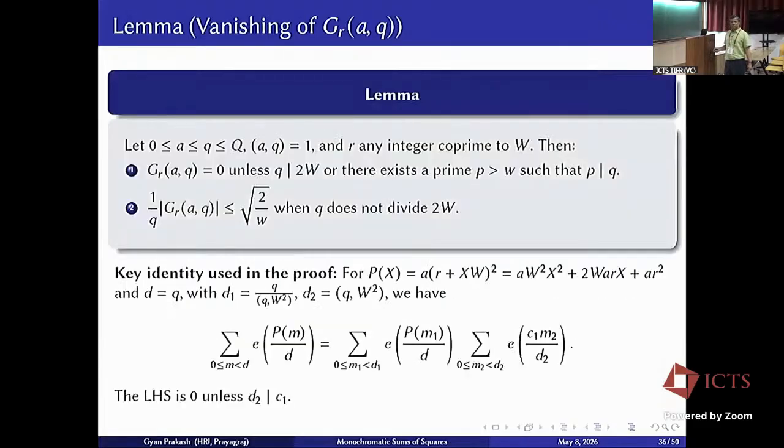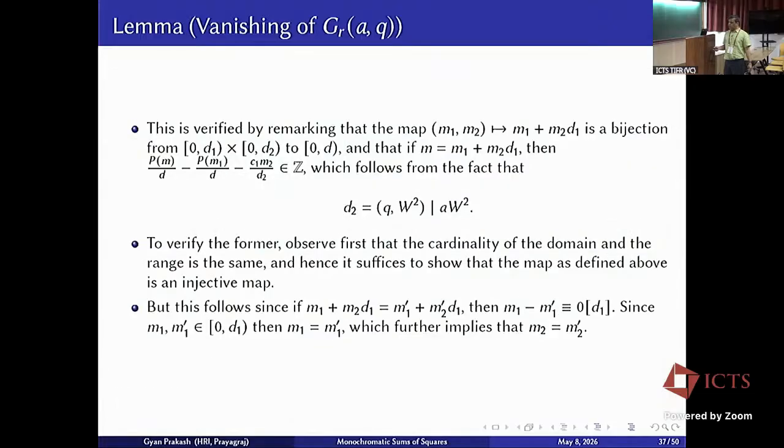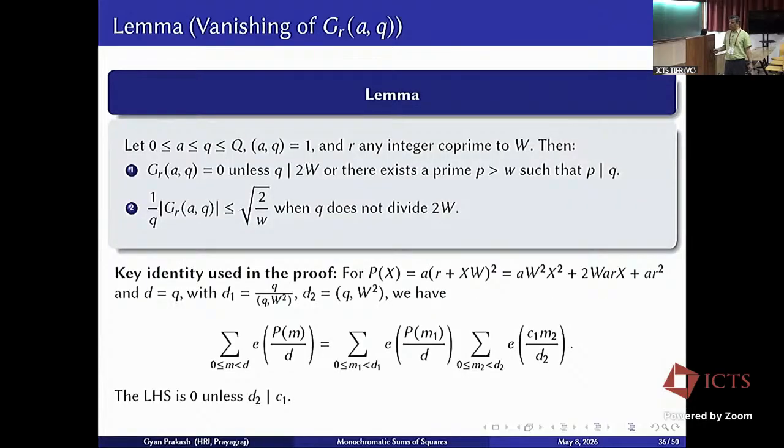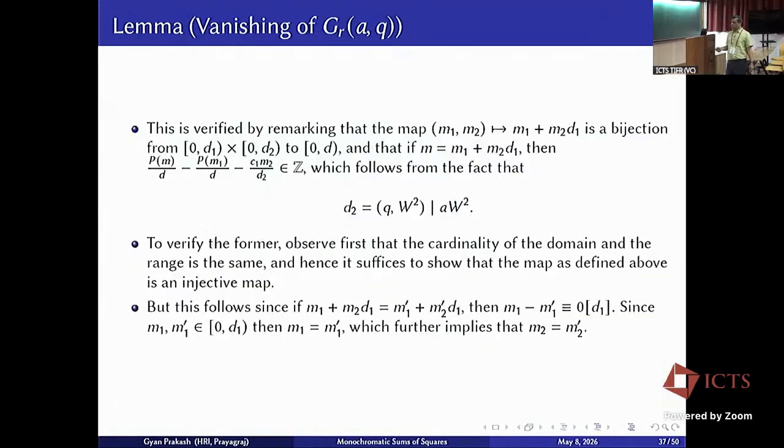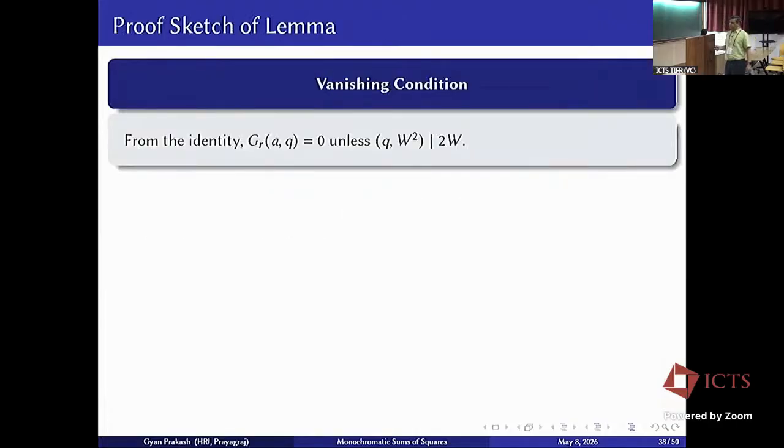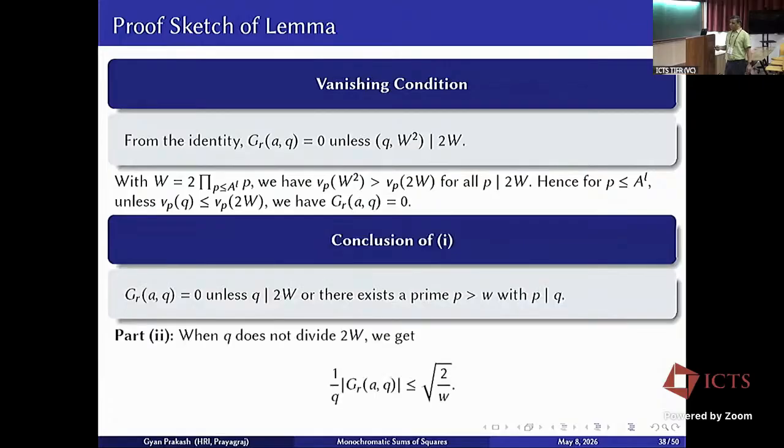Because here there is a PM by D. And so the PM by D is the same as PM1 by D1 plus PM2 by D2 modulo Z. And for this particular sum, e to the PM by D, you only care about what is PM by D modulo Z. So the sum can be written as a product of two sums. So from there you get the result.